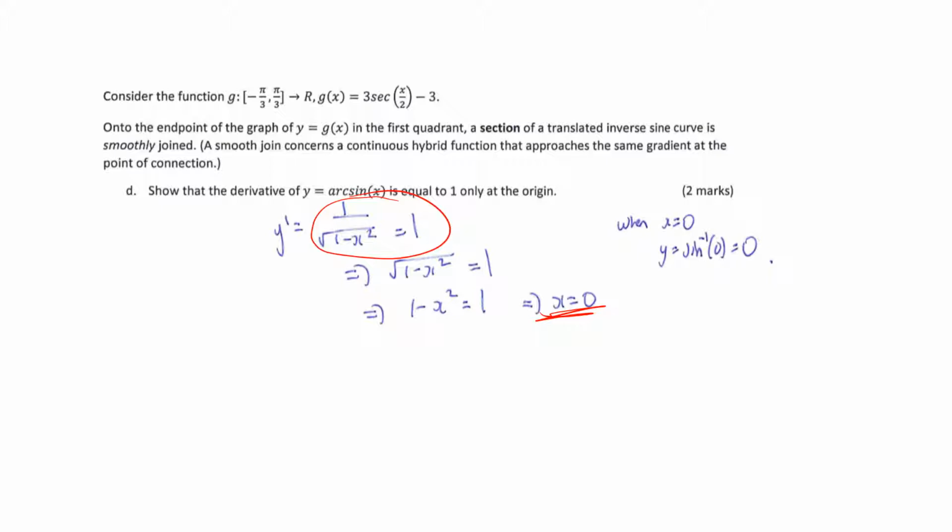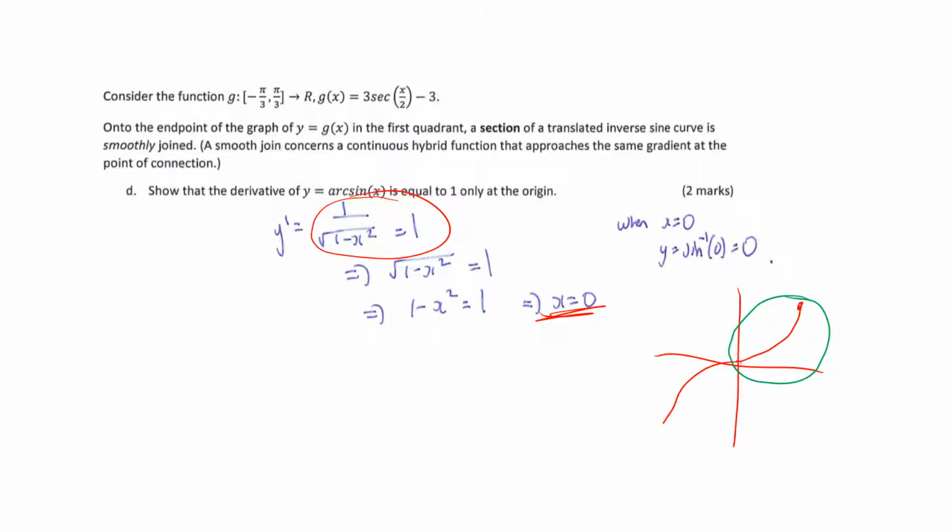It means it's only, so here's our inverse sine graph. Okay, it means only the section, actually, let's just grab, it's only this section here from x equals 0 up to x equals 1, or it's only that part of the sine graph we're going to tack onto the end of our g of x function so that it has a smooth join.